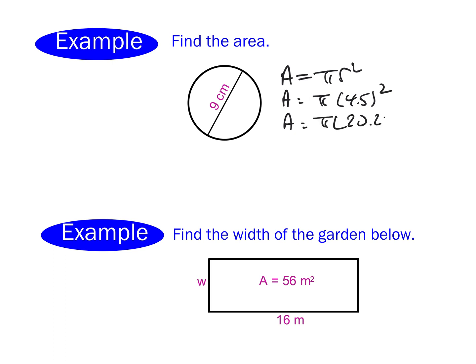And we're going to multiply pi by that. And when we do that, if we round to 2 decimal places, we get 63.62 centimeters squared. That's the area of that circle.